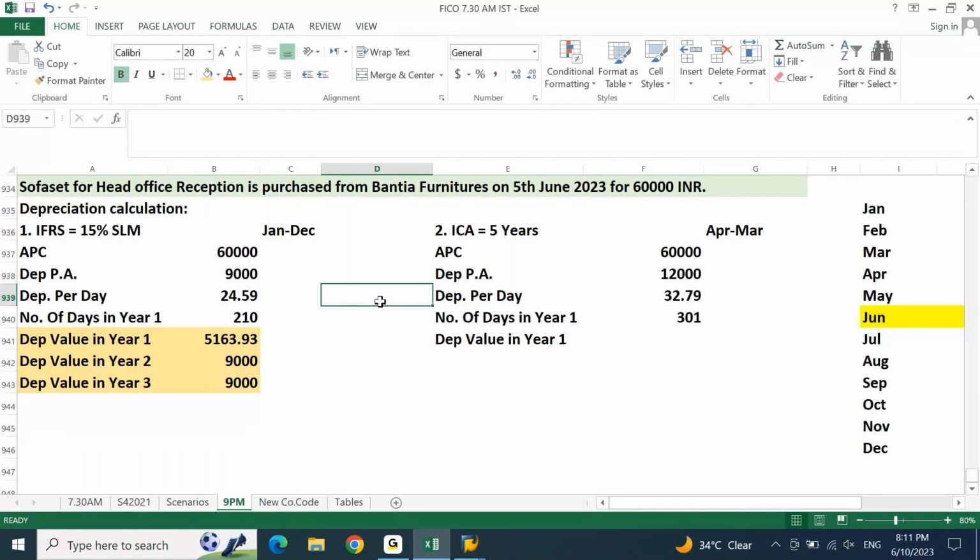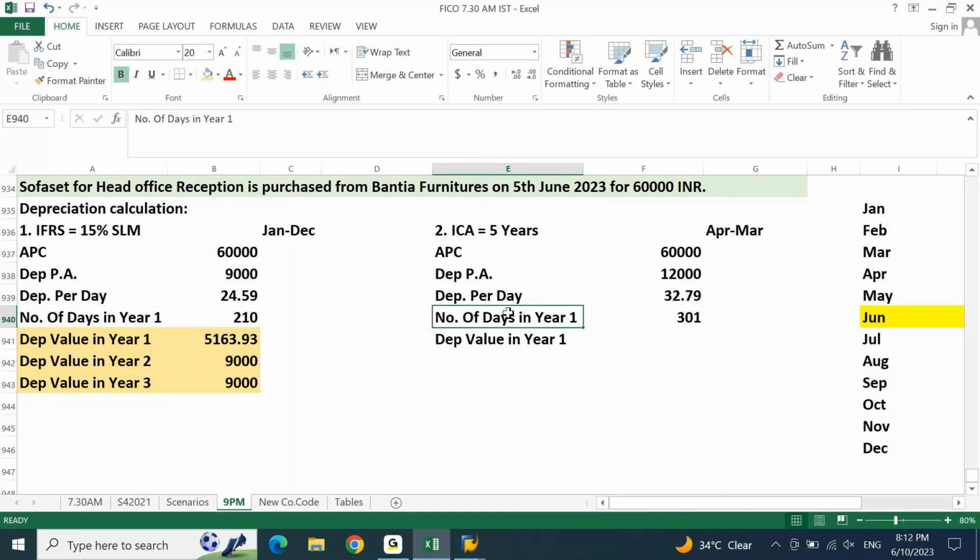Your per annum depreciation is 9,000, year 2 depreciation is 9,000. Your per annum depreciation is 9,000, year 3 depreciation is also 9,000. It will be the same amount until you are going to retire or until you are going to remove the asset from your company. As long as asset is with you, which has the remaining life, you are going to charge same yearly depreciation. Now let us try to find out the figures from Indian Companies Act.